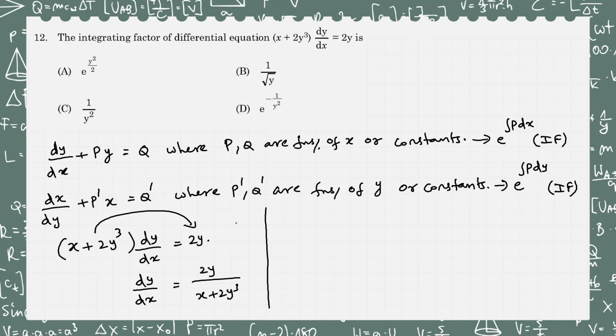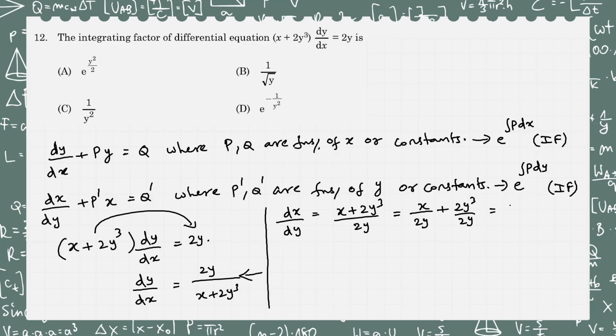For that, we have to simplify the given equation in a different way. So let us flip this equation. We can write the LHS as dx by dy and the RHS as x plus 2y cube divided by 2y. Now this can be split into two fractions: x by 2y plus 2y cube divided by 2y.